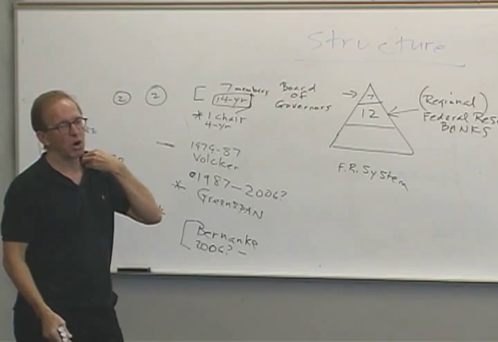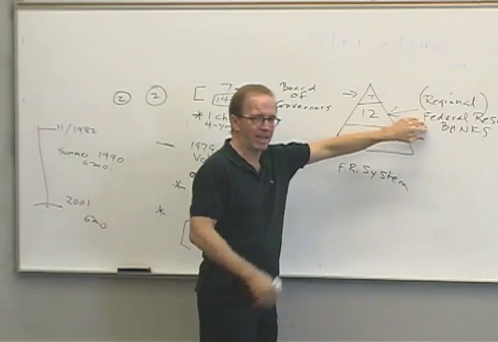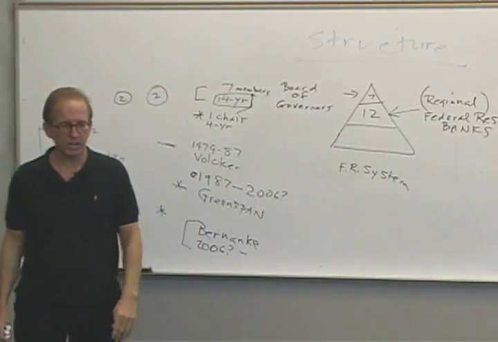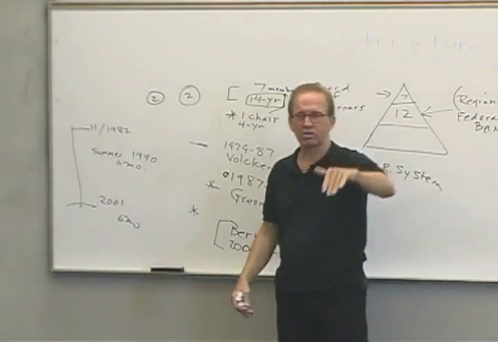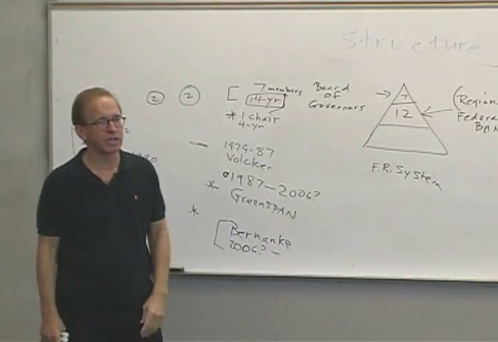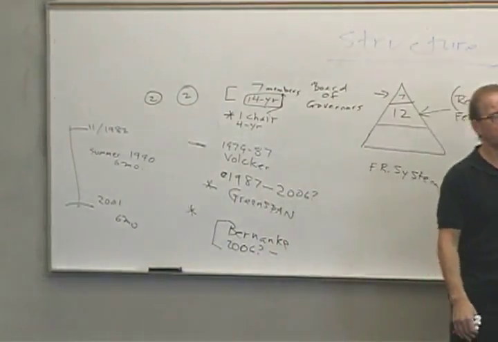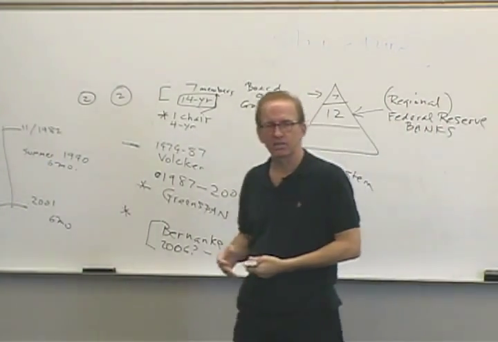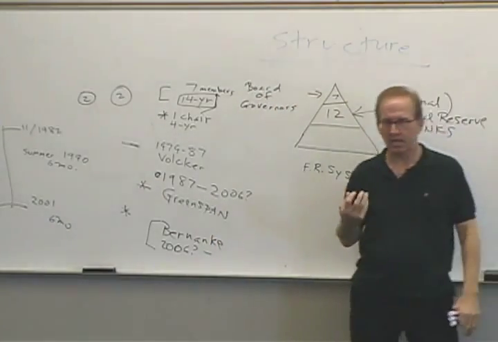And it has always been the dominant Federal Reserve Bank in the system. Okay? In the earliest days of the Federal Reserve, in 1913, and at least for the next 30 years, the New York Federal Reserve Bank was dominant within the system. They would have meetings and talk about things and debate things and so forth, but it was always the New York Federal Reserve Bank that dominated that process.